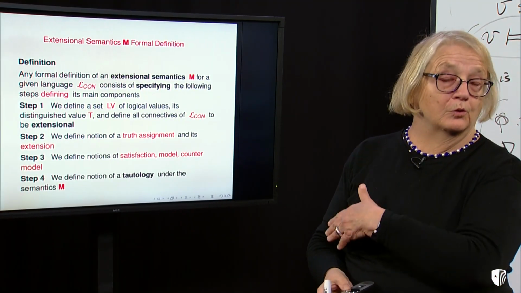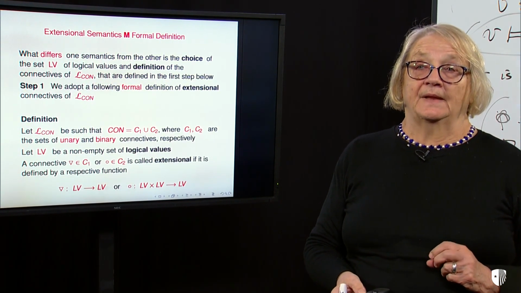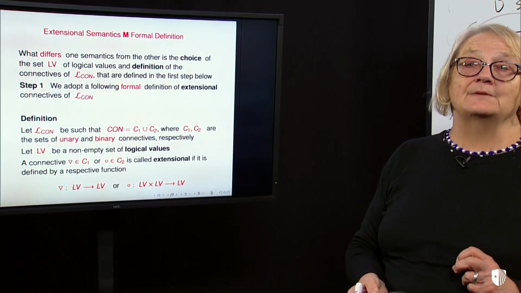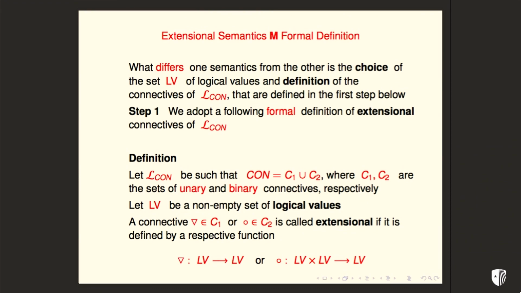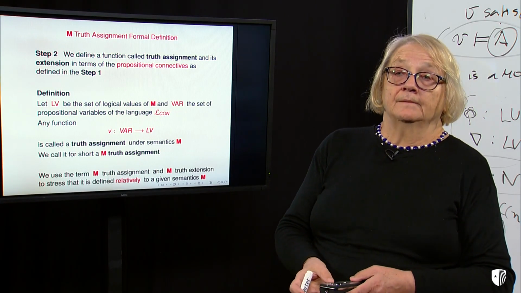And when you go through all these 4 steps, you have defined a semantics. And of course, what differs one semantics from the other is the choice of logical values and the definition of connectives, but you always have the same way you define, for extensional semantics, what is a model, what is satisfaction, what is the extension, and so on.